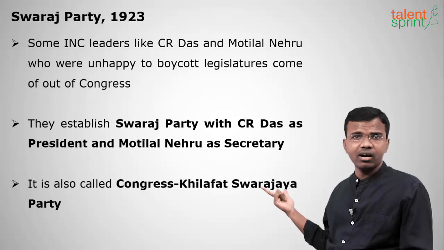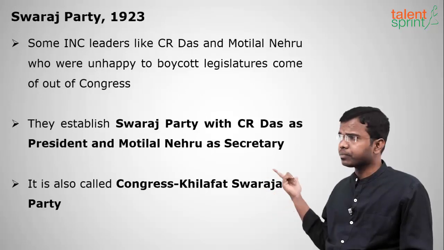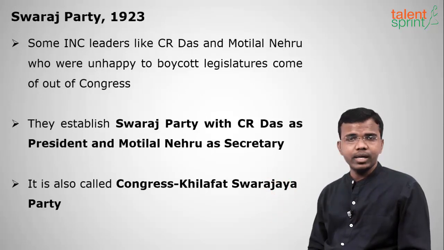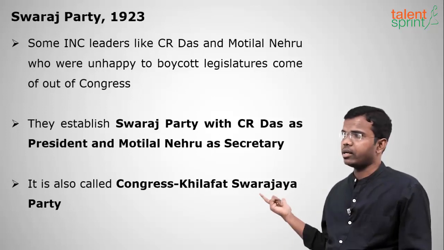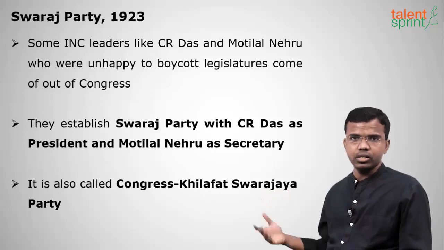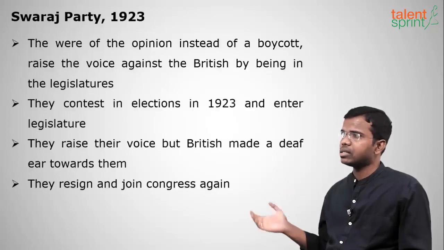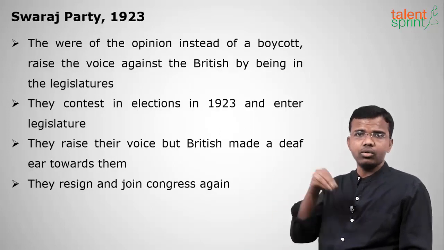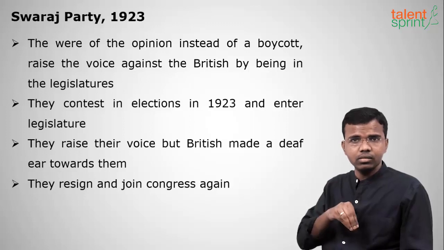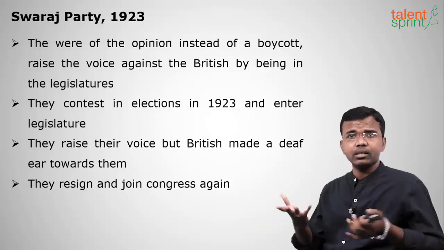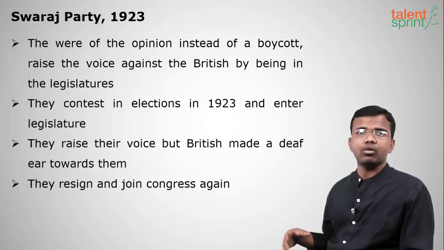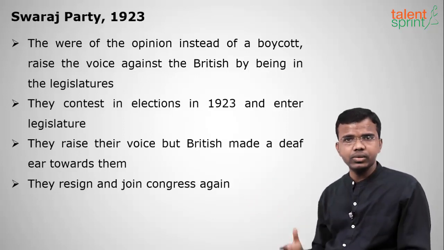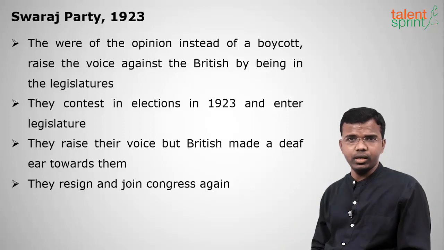It is also called the Congress Khilafat Swaraj Party, and it was established by C.R. Das, the president, and the secretary was Motilal Nehru, the father of Jawaharlal Nehru. So they will contest in elections in 1923 and go to the legislature and give their voice, but the British as usual will not listen. So they will come back to the Congress again.